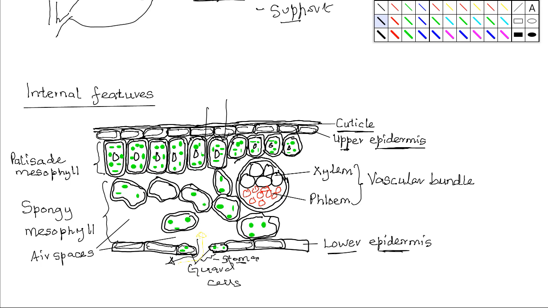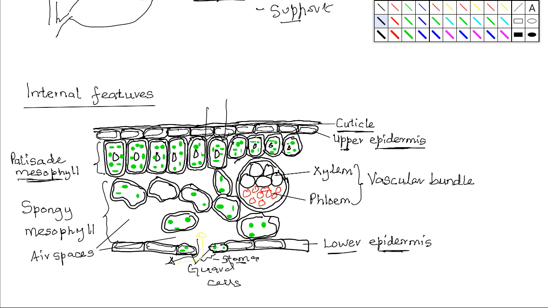These palisade cells are located beneath the upper epidermis in order to receive maximum sunlight. So their location here ensures that they receive maximum sunlight. The cells are arranged such that their long axes are perpendicular.